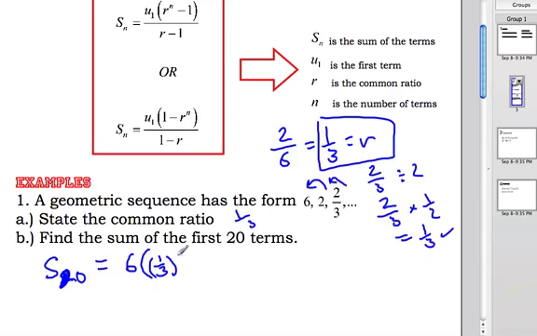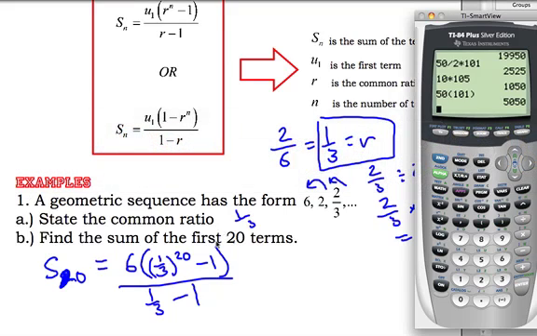So a third to the power of 20 minus 1 out of a third minus 1. Okay, so I use the first version of the formula, and we're going to type it into the calculator now and calculate the sum of the first 20 terms.